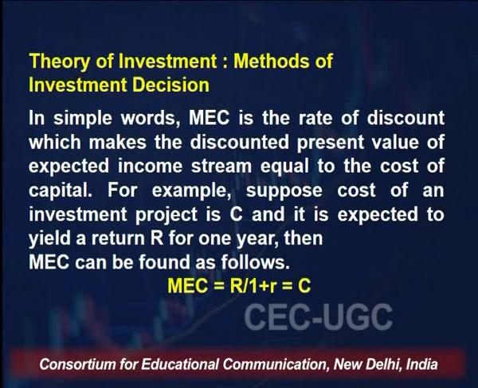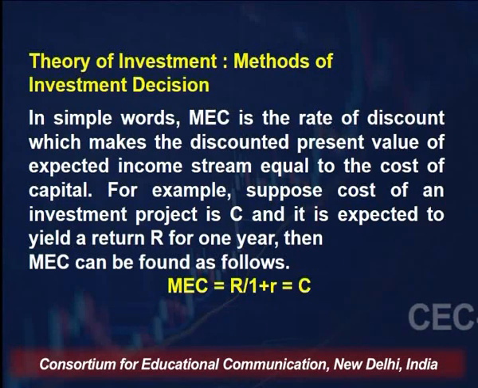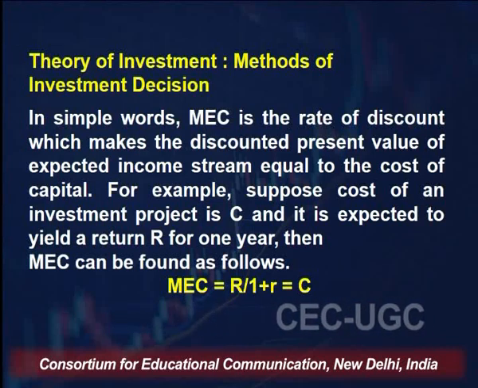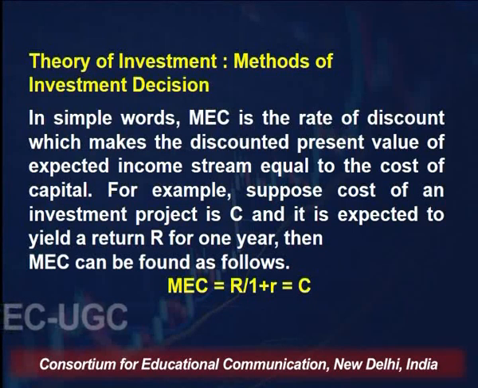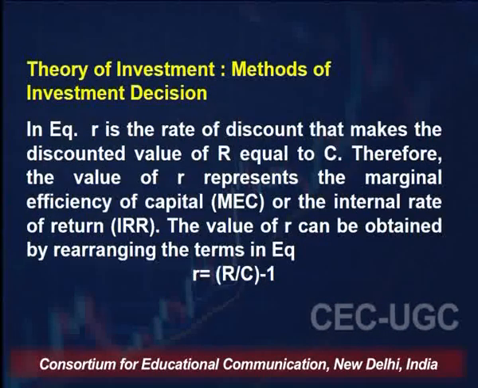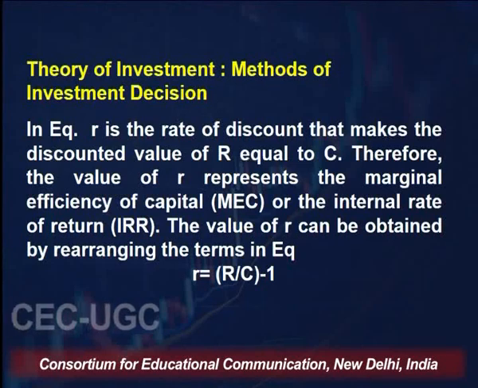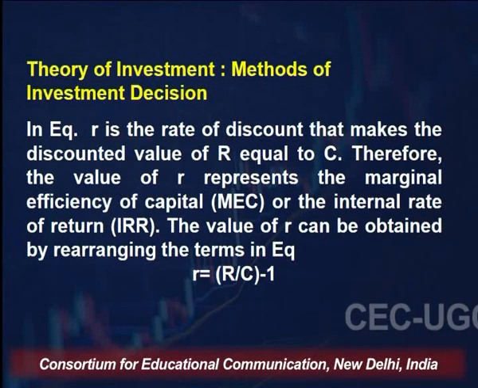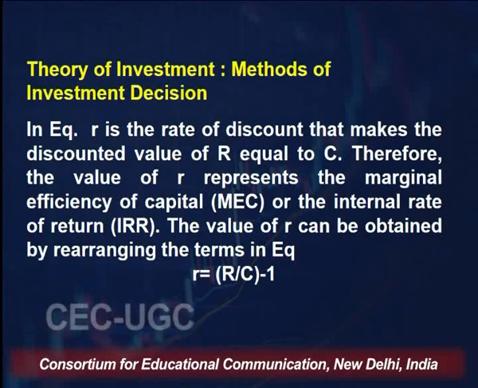Now for example, suppose the cost of an investment project is C and it is expected to yield a return R for 1 year. Then MEC can be found as: R upon 1 plus r is equal to C. So here small r is the rate of discount that makes the discounted value of return equal to C. Therefore, the value of r represents the marginal efficiency of capital or internal rate of return.